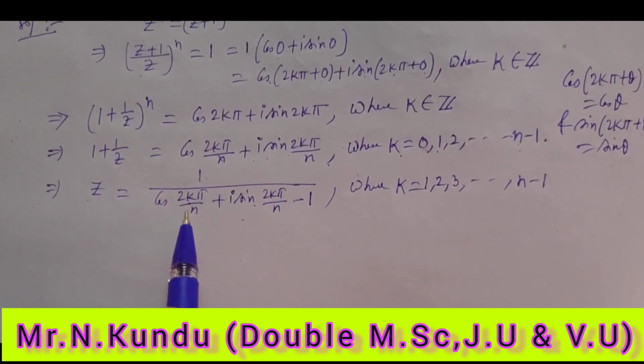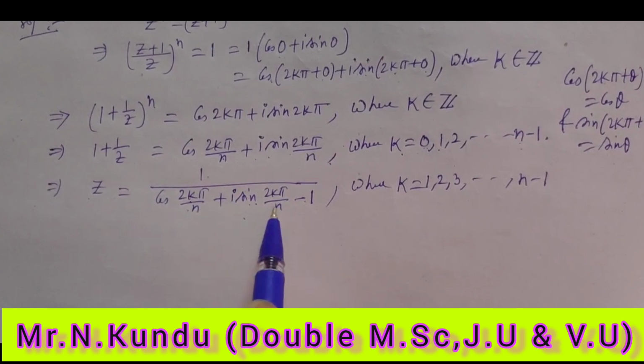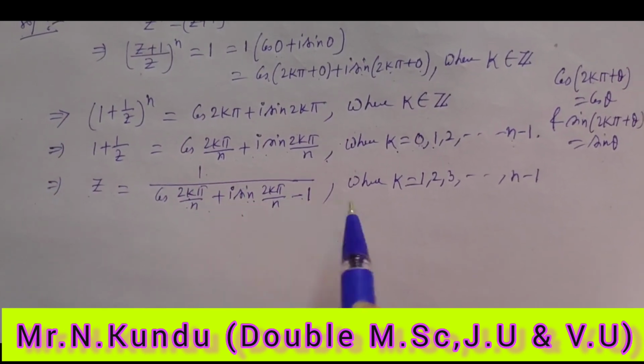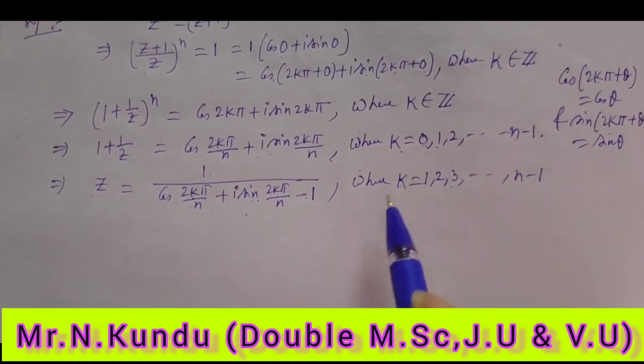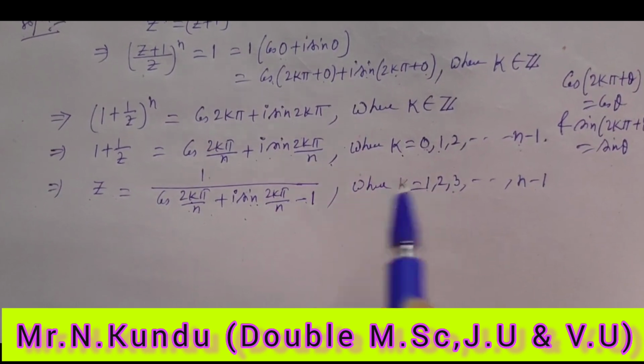So cos 0 is 1, sin 0 is 0. So 1 minus 1 is 0 and 1 by 0 is not defined. So in that sense k running from 1 to n minus 1, k equals 0 is not valid in this step.